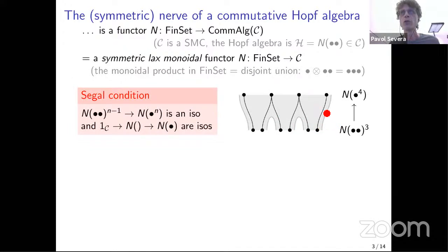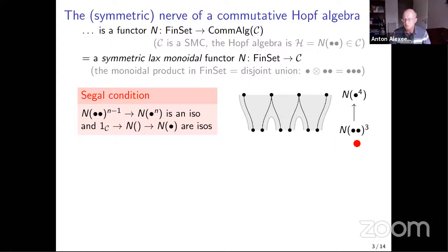This is like a composition of two things. First we apply those coherence morphisms, the things that make the functor a monoidal functor, and then we apply those joints. And it is only that composition which is supposed to be invertible.